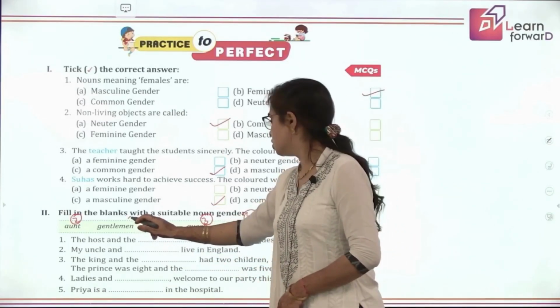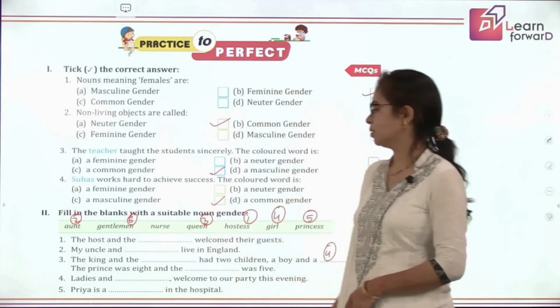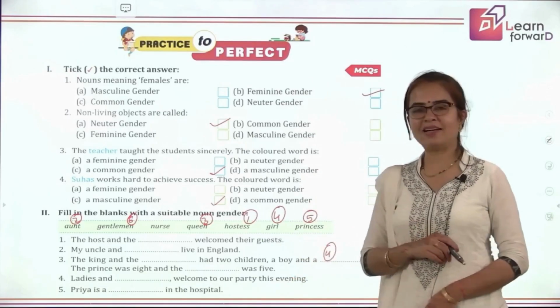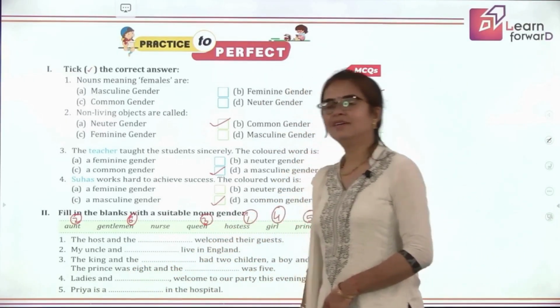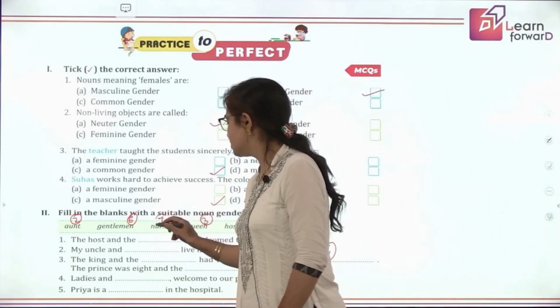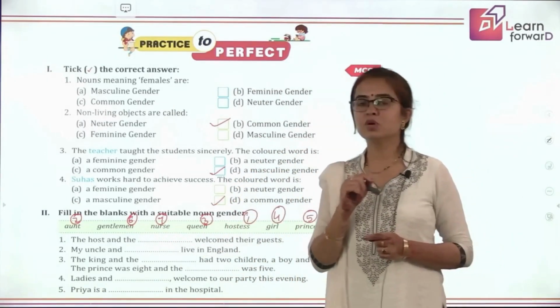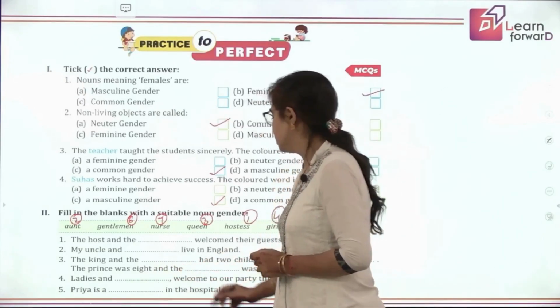So this is your number 6, blank number 6, not sentence number 6. Ladies and gentlemen, welcome to our party this evening. Priya is a nurse. Yes, you know, even nurse these days is a common noun because you get the male nurses also and the female nurses also. Remember this, please. So, Priya is a nurse in the hospital.